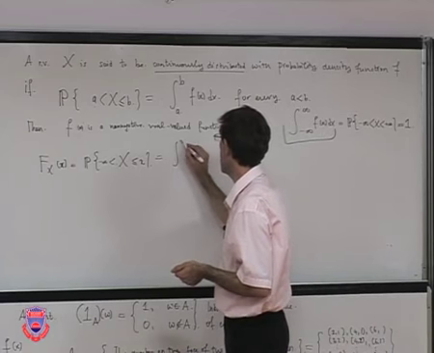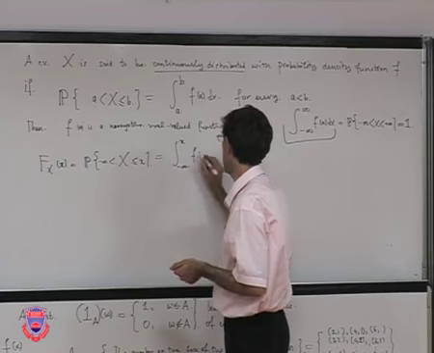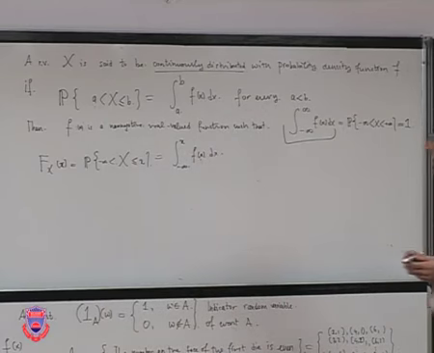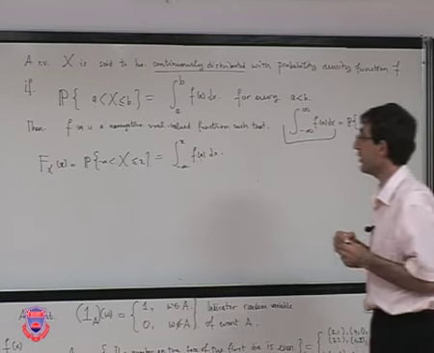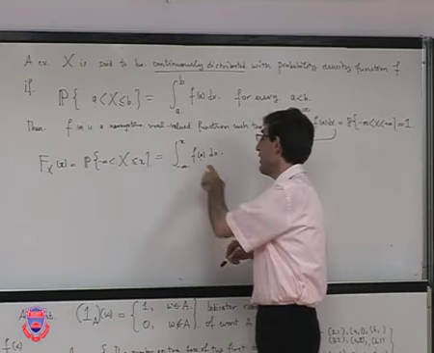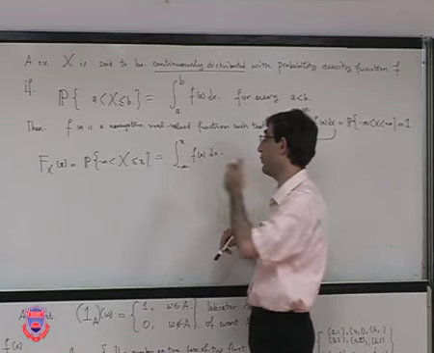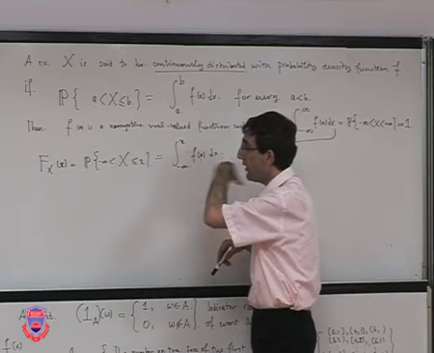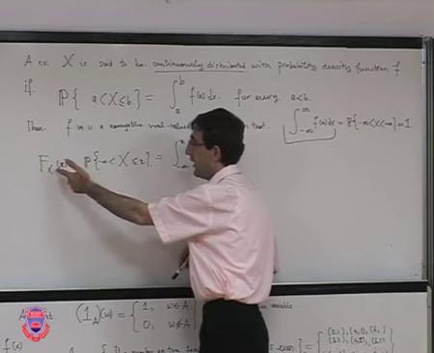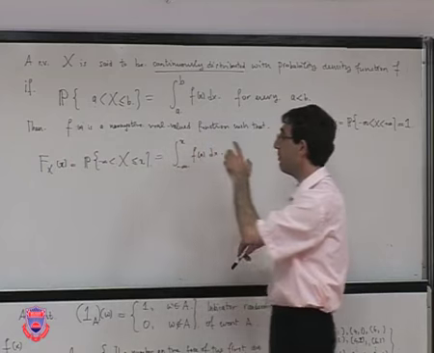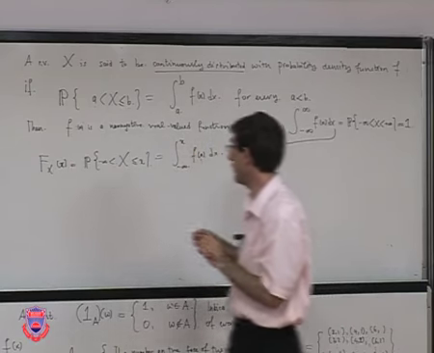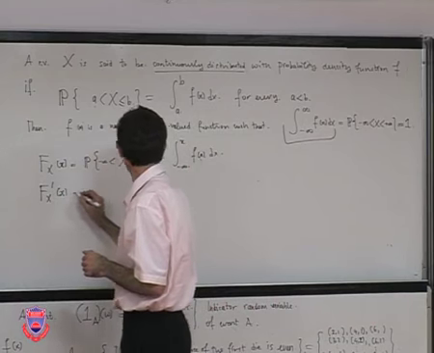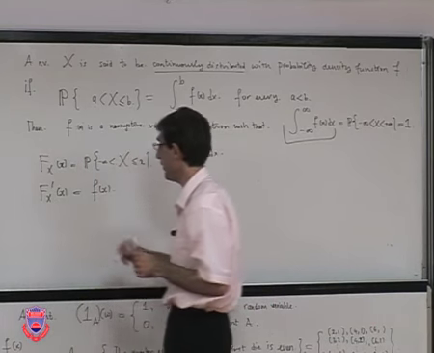So this is the integral of the density function between minus infinity and x. In all the applications, in the examples, we will consider f to have nice properties that will allow us to take the derivative of this, or I should say that f is just the integral of its derivative. So you can take the derivative to find the density function.